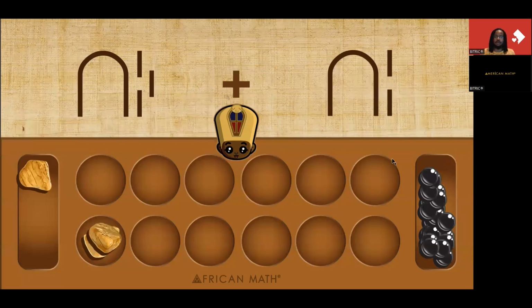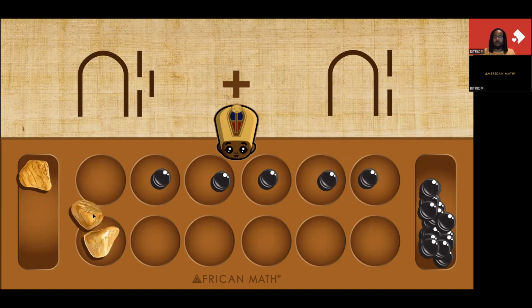And then I see we have 3 here. So we're going to do 1, 2, 3. And then we have 2 over here. That's 1, 2. So the answer is 2 tens, 10, 20, 2 10, 5. So 10 3 plus 10 2 equals 2 10 5. Or 13 plus 12 equals 25.